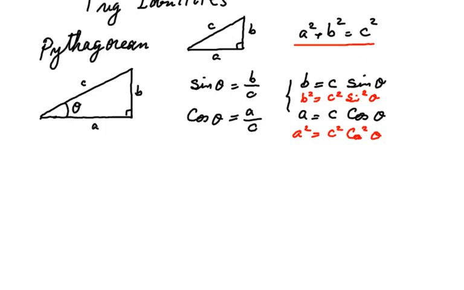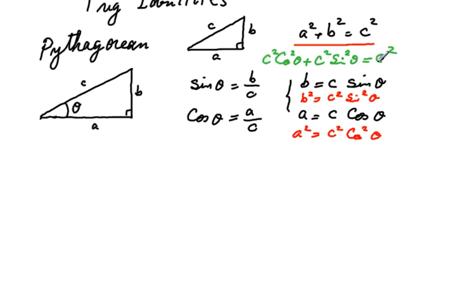Now I take these things and plug them back over there. That is, instead of a squared, let me put what it is equal to. That is c squared cosine square of theta. And instead of b squared, I put its equivalent, which is c squared times sine square of theta. And instead of c squared, I just write c squared. Now I see something nice happened.